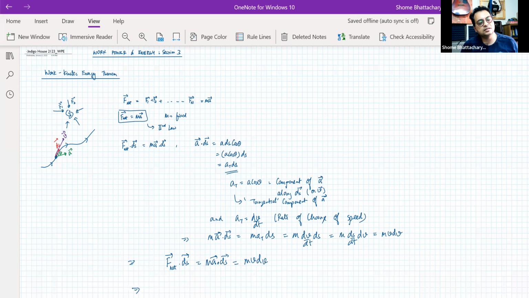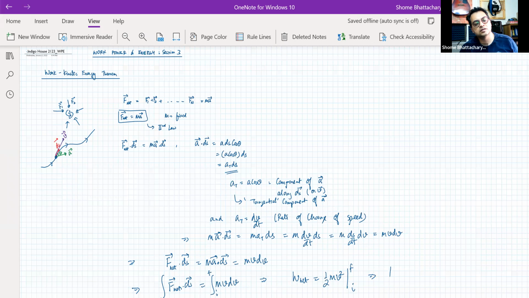So integrating both sides of the equation over the path, the left hand side gives us the net work done, the right hand side gives us mv dv integrated. So we can see that this is going to give us the work energy theorem now, that the net work done is equal to half mv square from the initial condition to the final condition.